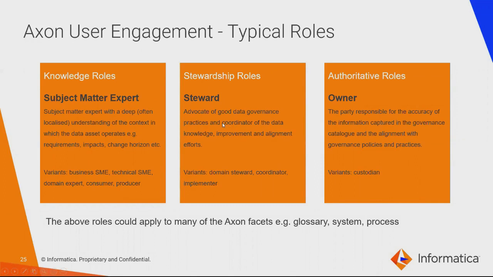Stewards are advocates of good data governance practices and coordinators of the data knowledge, improvement and alignment efforts, whereas the owner is responsible for the accuracy of the information being captured in the governance catalog. Some of the roles could apply to many of the Axon facets like Axon glossary, system, processes, data quality, etc.